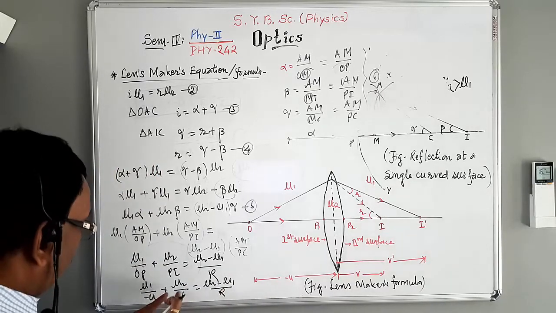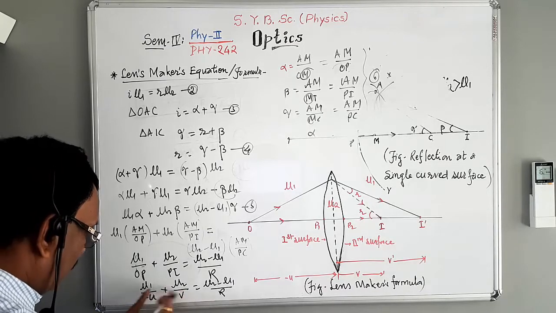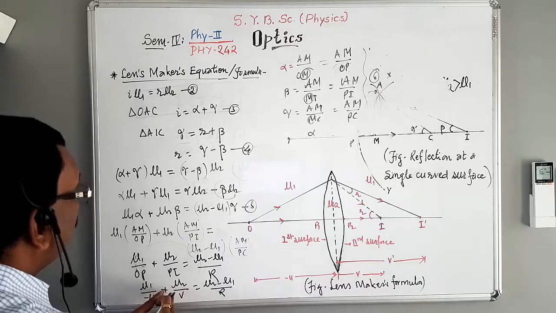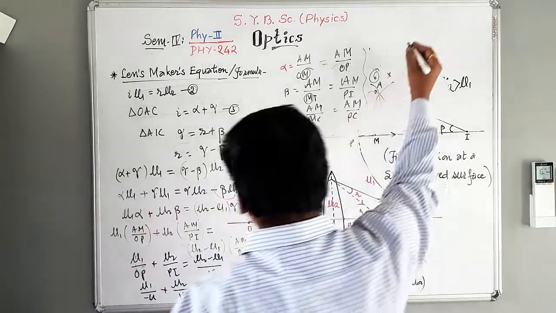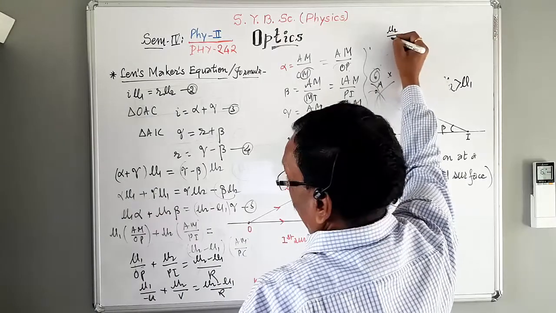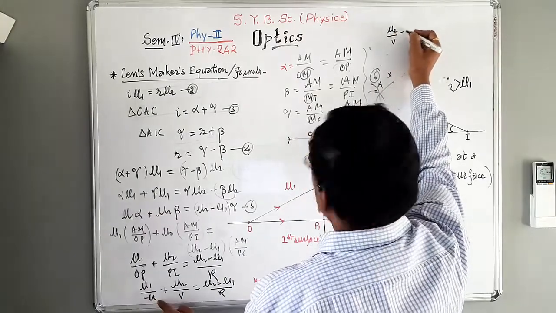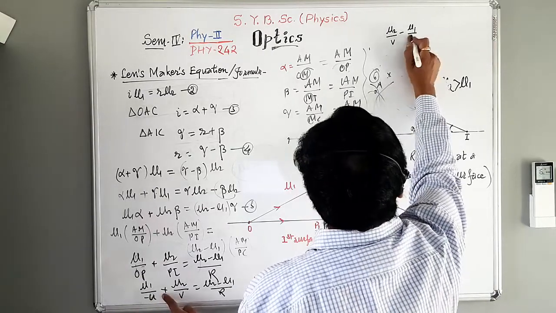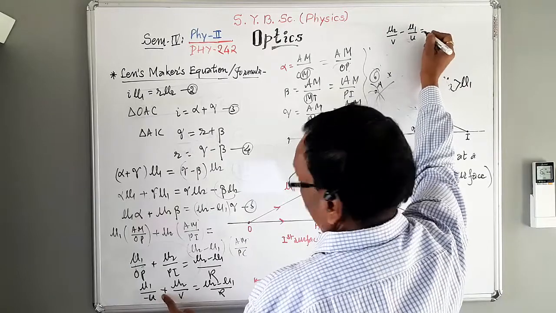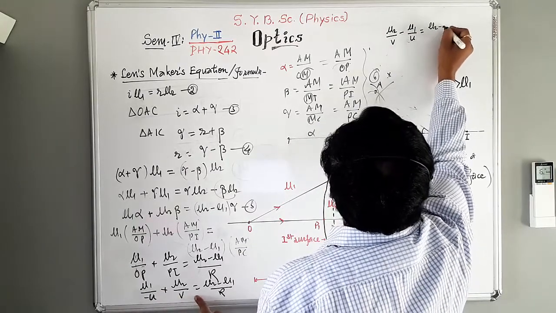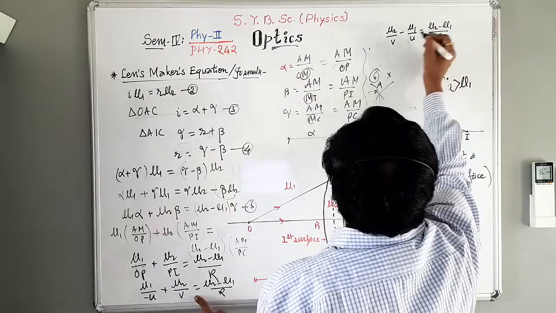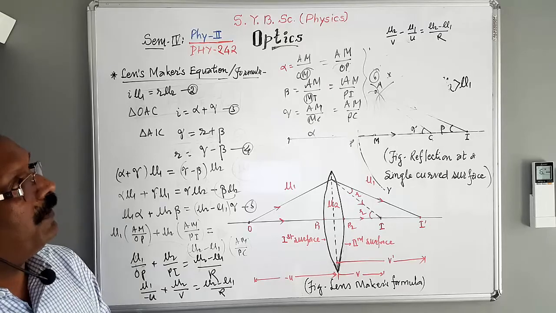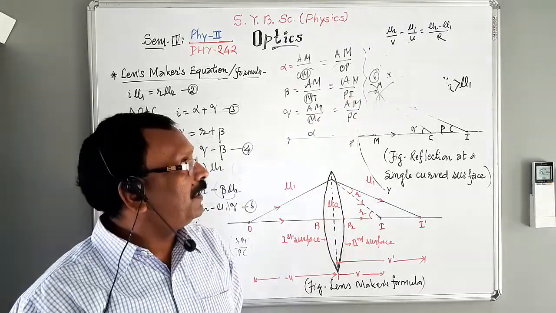Or instead of this equation, we make the interchange between these two terms. By making the interchange, we have mu2 upon v minus mu1 upon u is equal to mu2 minus mu1 upon r, where v is the image distance, u is the object distance, and r is the radius of curvature of the curved surface.